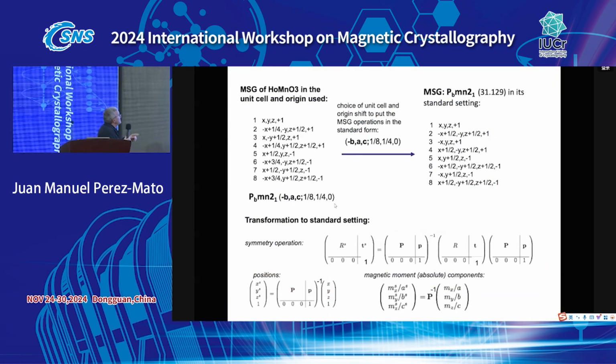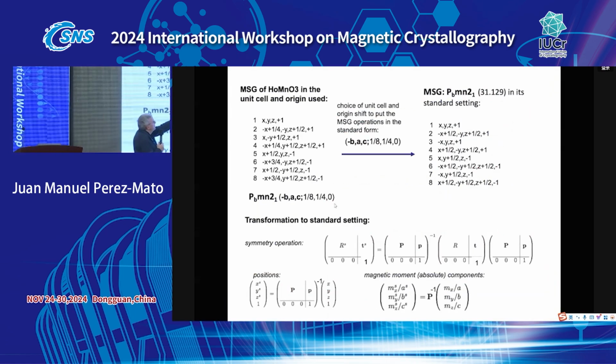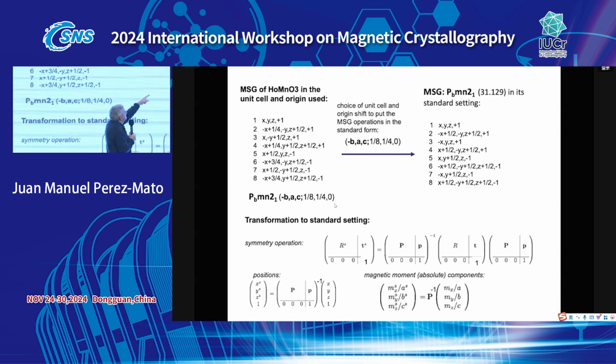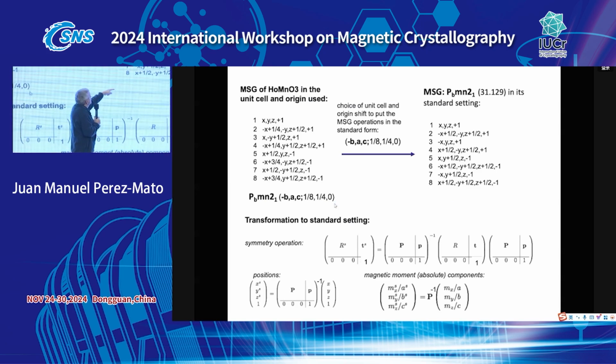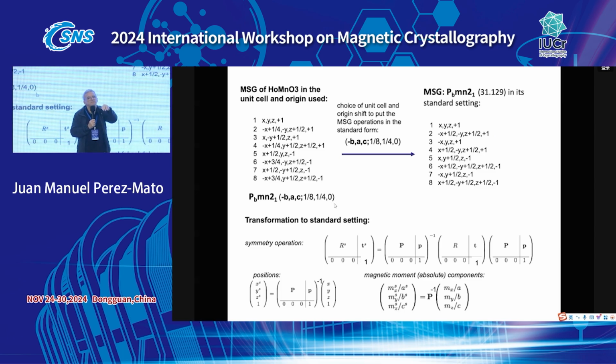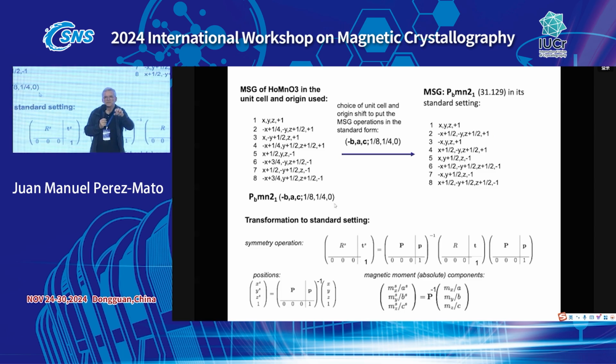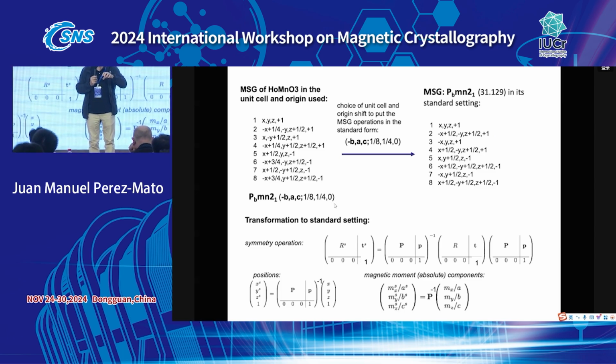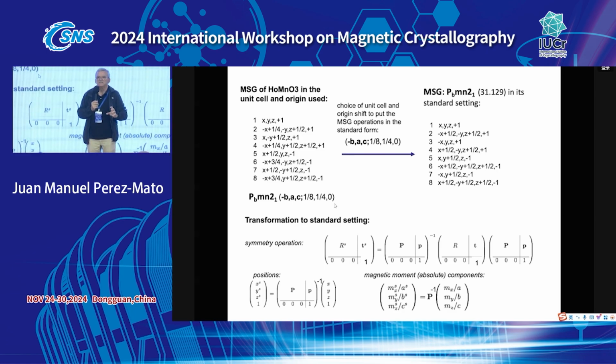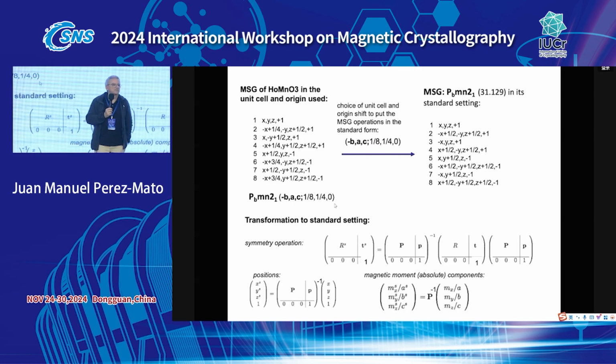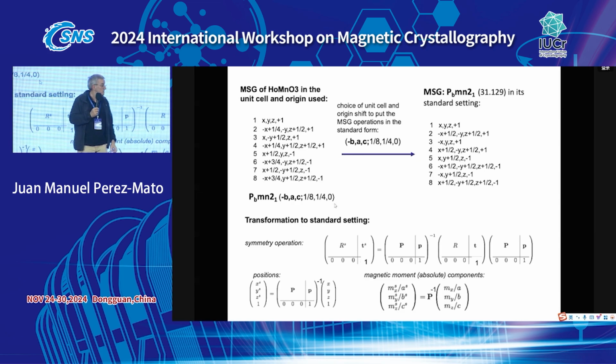And what happens if you do that is that the set of operations become the same ones that you will obtain in these listings that I told you before, okay? The ones that you can consult on the internet from the ISOTROPY software suite or from our Bilbao server.